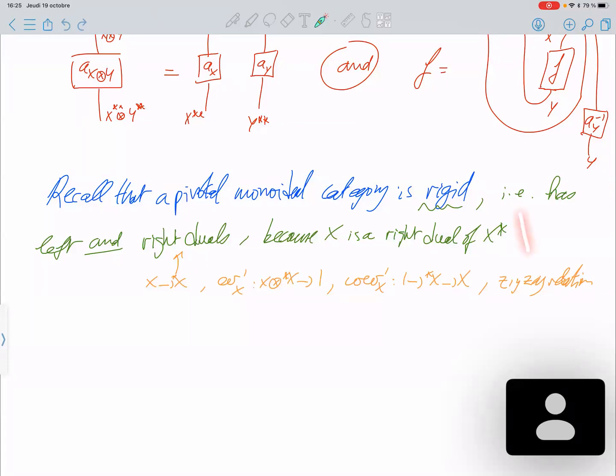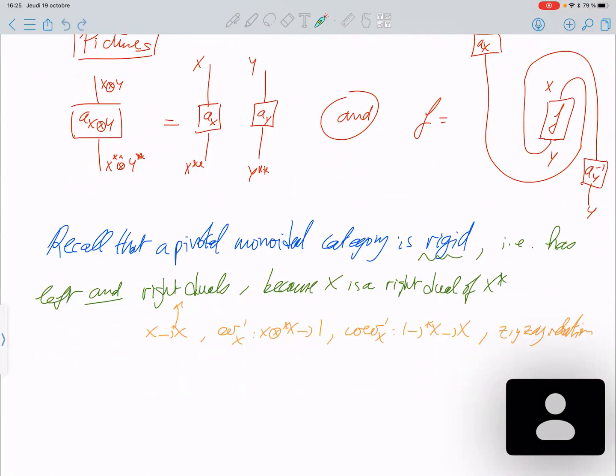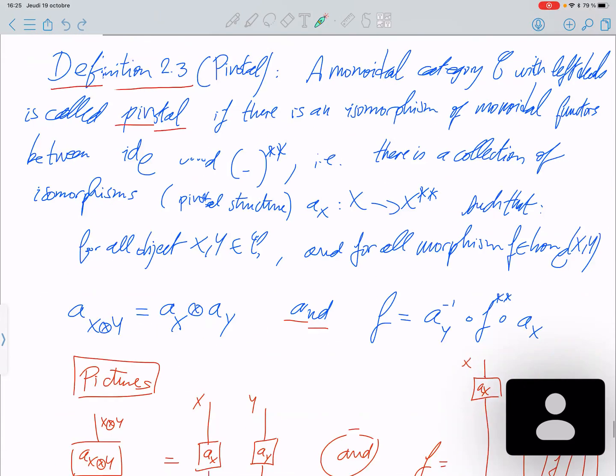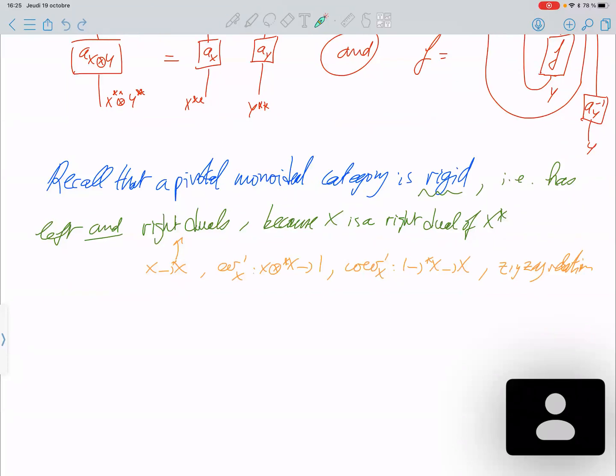Is it clear that according to pivotal structure, every object can be seen as a dual of another object? I don't remember, so you should refer to the EGNO book to see the details about that. Anyway, it's not the point here. We will not really need the notion of right dual here.